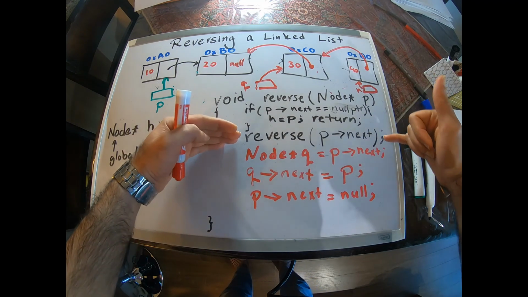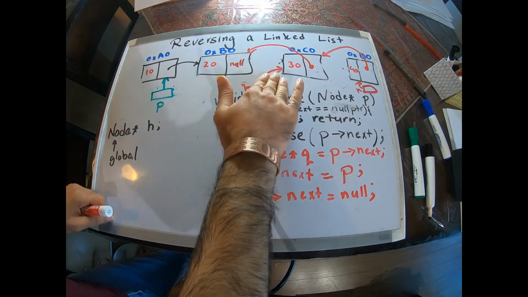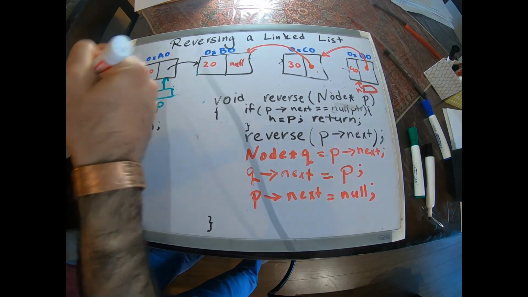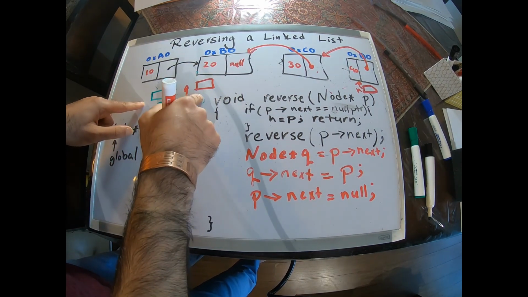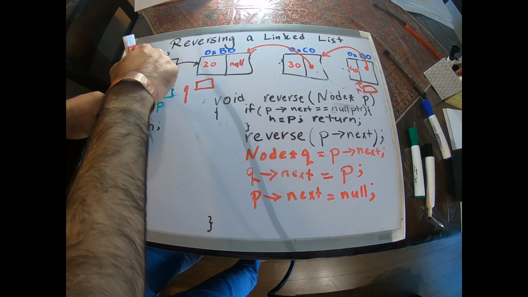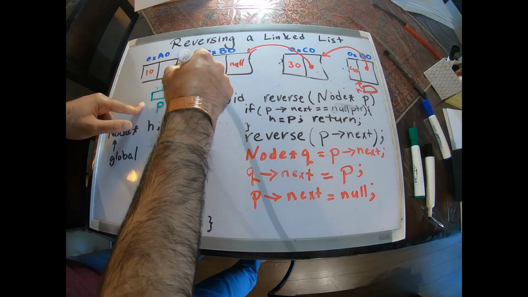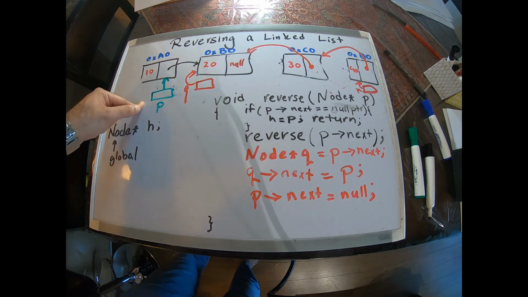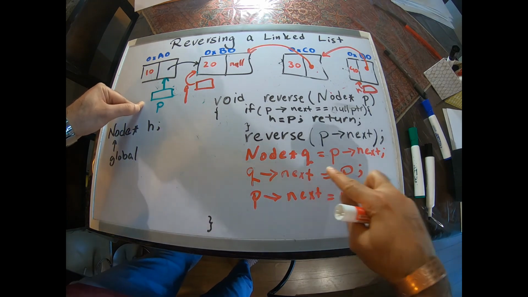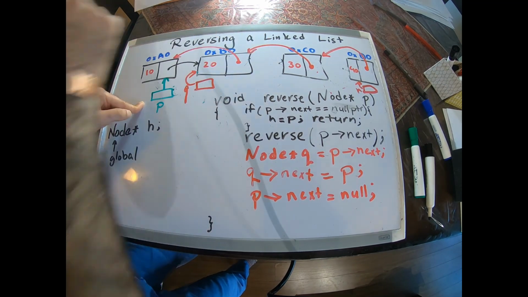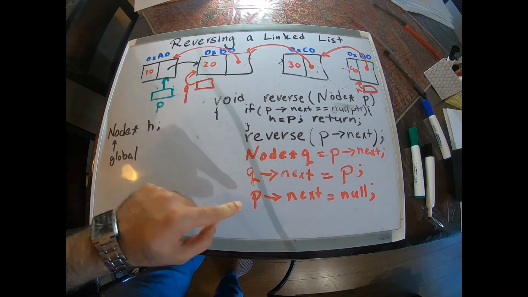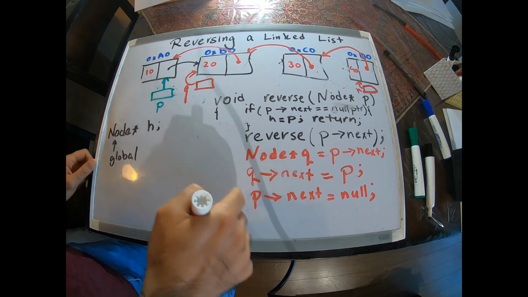So this is done. Again, this was deallocated, we're going to have a new Q. Q is equal to P arrow next. This is P arrow next. It's pointing to this node, so Q is going to point to the same node. Q arrow next is equal to P. This is going to point to this one. Okay, and say P arrow next is equal to null.